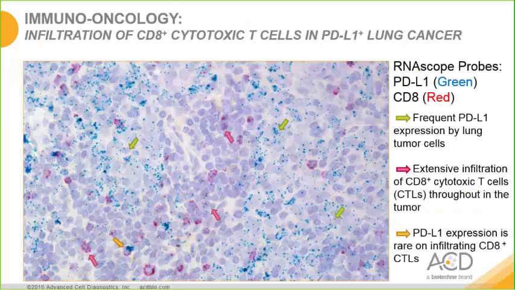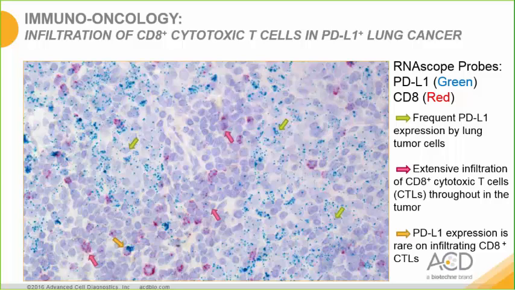As we saw on the last slide, RNAscope most often appears in oncology publications, especially as PD-L1 and other markers for companion diagnostics is a hot topic these days. This is an image of non-small cell lung carcinoma that has been stained with an RNAscope green and red duplex chromogenic assay.